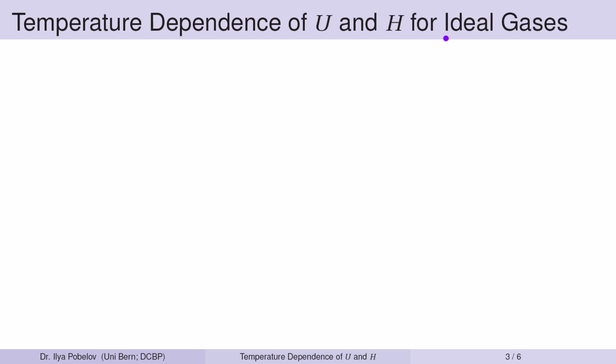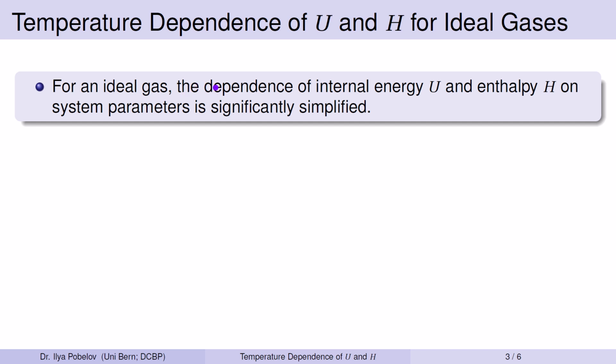Now let's focus on ideal gases. For an ideal gas, the dependence of internal energy and enthalpy on system parameters is significantly simplified. The infinitesimal change in internal energy dU always equals Cv times dT.